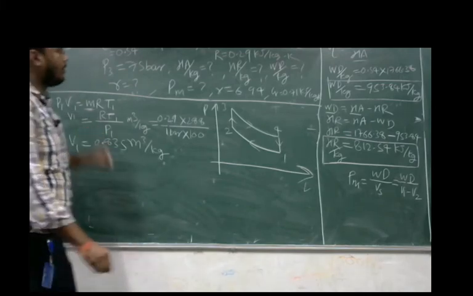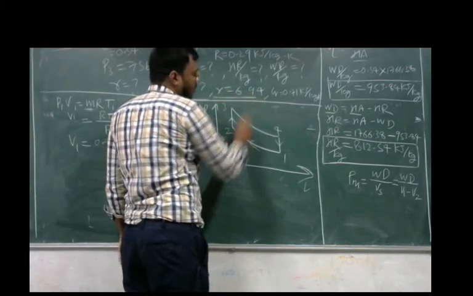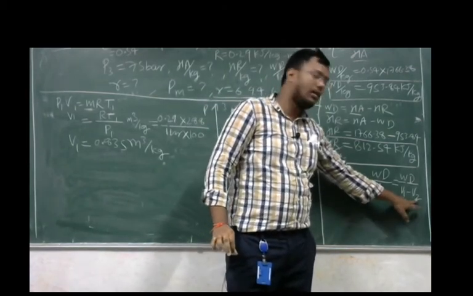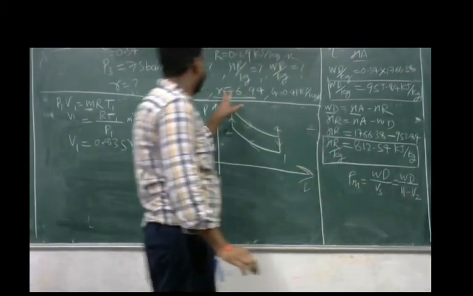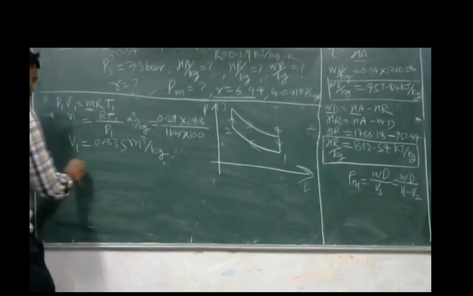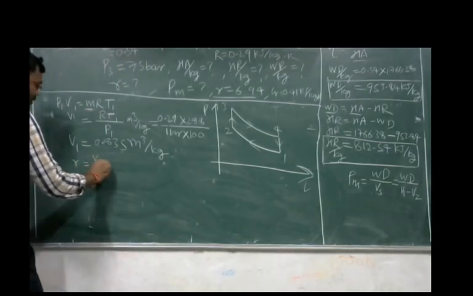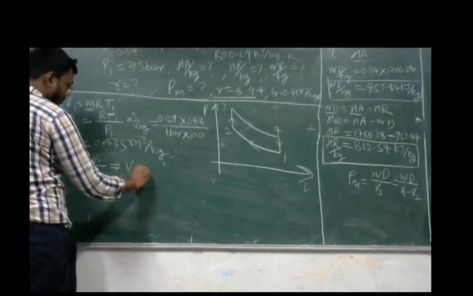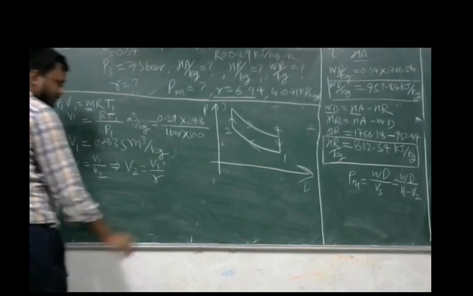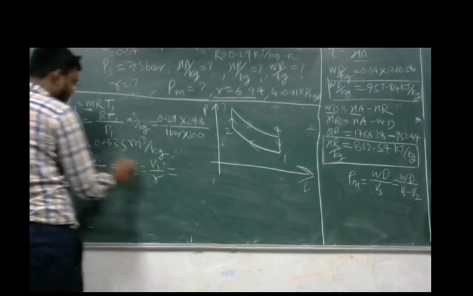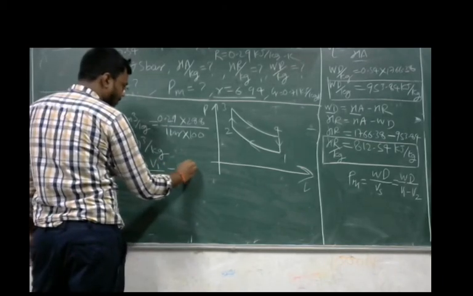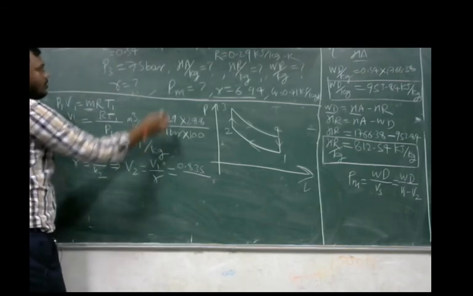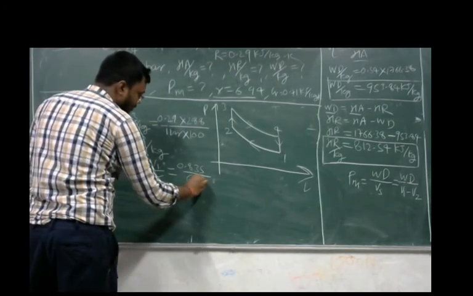Now we know the compression ratio r. We have only calculated the value of V1, but we need the value of V2 also. So we know the value of compression ratio r. r is nothing but V1 by V2. So we can calculate the value of V2 also. V2 equals V1 by r. So V1 is 0.835 divided by the value of r, which is 6.94.